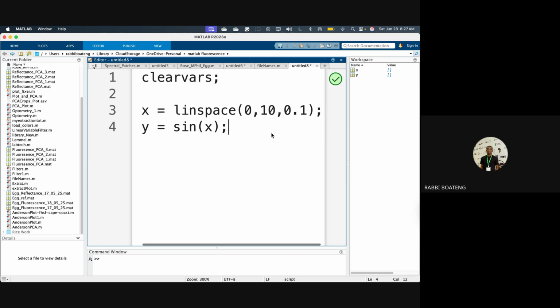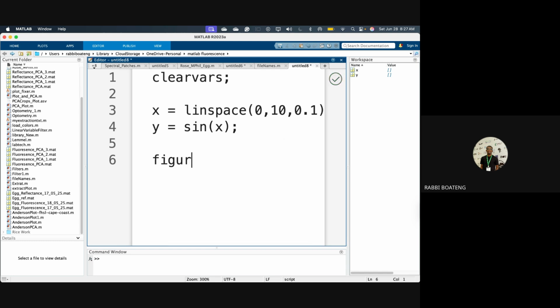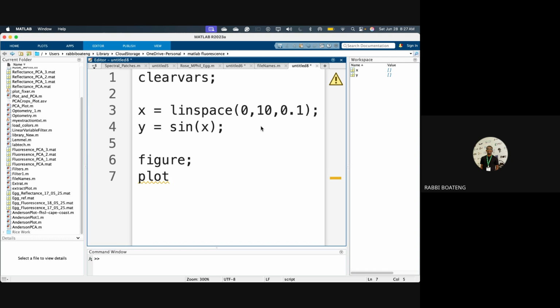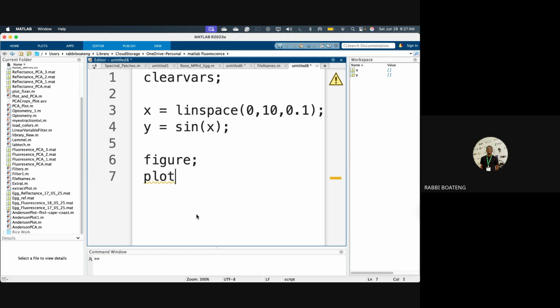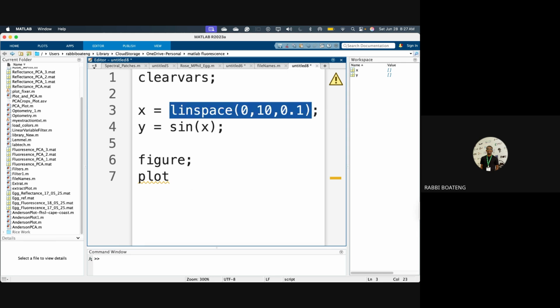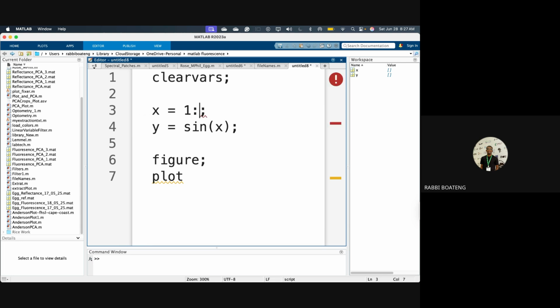When you run this, we're supposed to get some values for the x and some values for the y. Now, if we do a plot figure, or maybe let me just do 1 to 100.